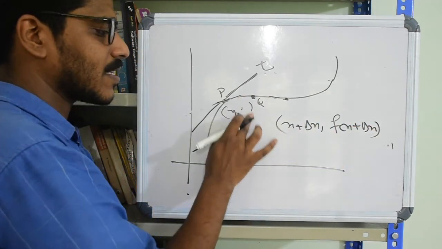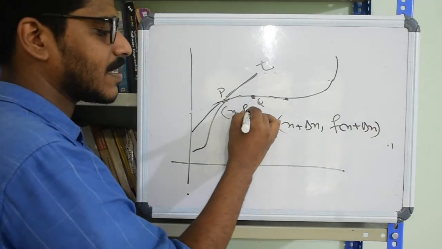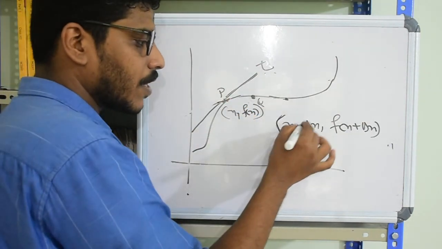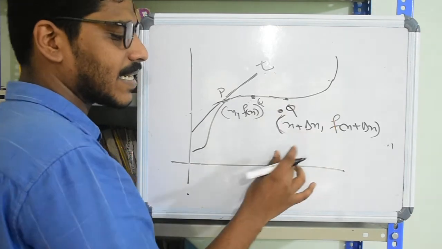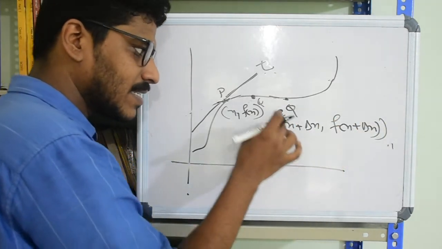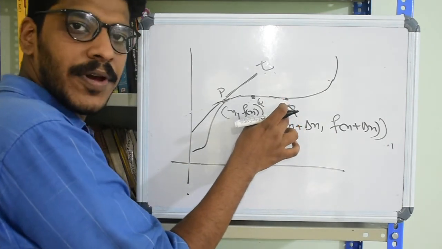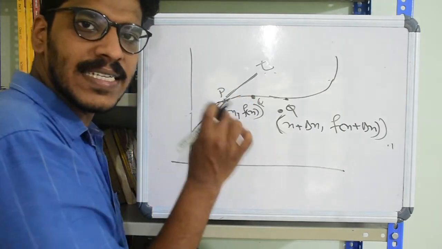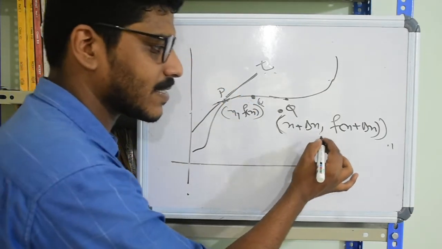See, this y is nothing but f of x, since this is the graph of the function f. So the new point Q will be designated as x plus delta x, f of x plus delta x, since the x coordinate of the new point Q is obtained by moving a very little quantity, and that is delta x.